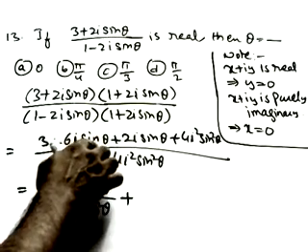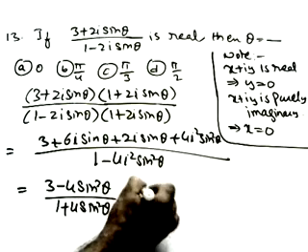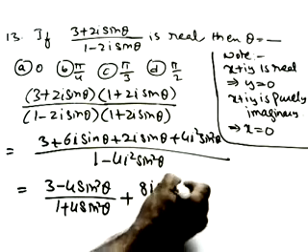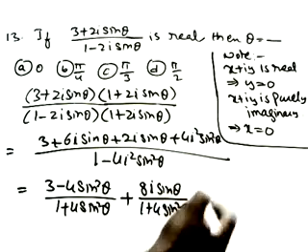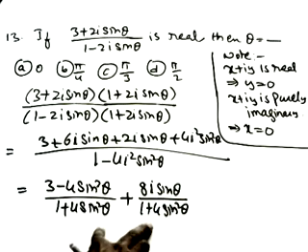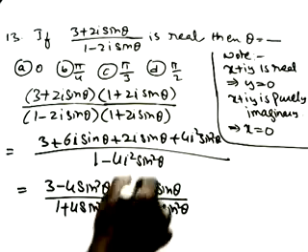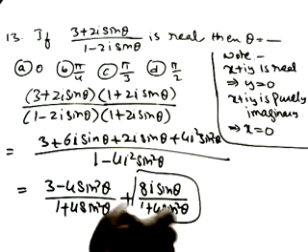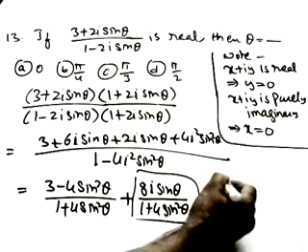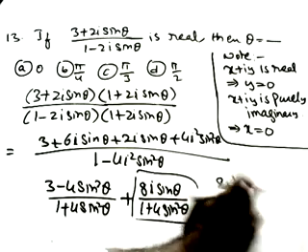Now watch here. What is the imaginary part? 6i sine theta plus 2i sine theta is 8i sine theta, divided by 1 plus 4 sine square theta. So what is given? This is given as real. That means the imaginary part should be 0. Real means imaginary part should be 0. So let me make this 0.